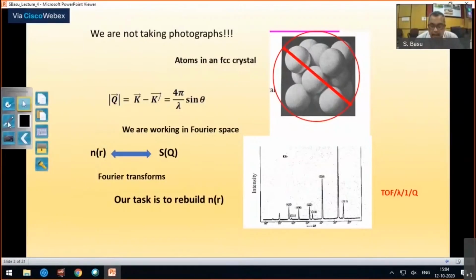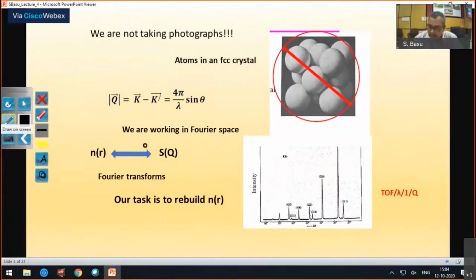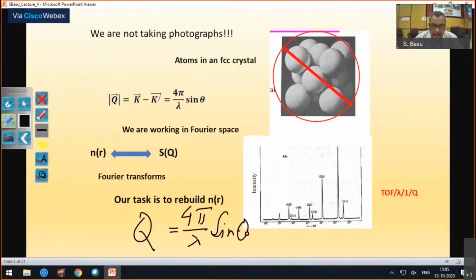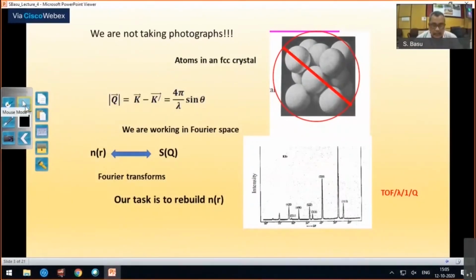I wrote earlier that the wave vector transfer Q equals 4 pi by lambda sine theta in a scattering experiment.